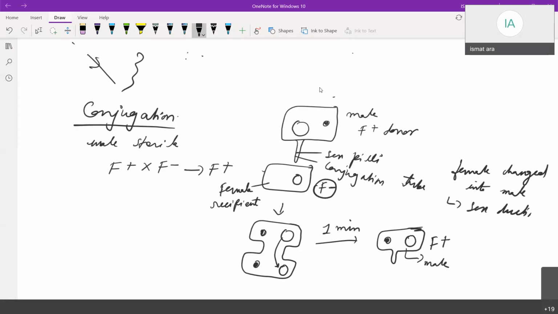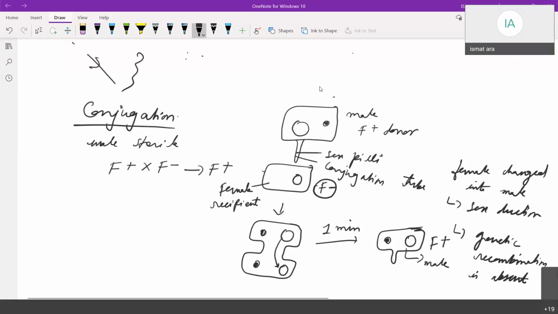Here sex reduction takes place, but genetic recombination is absent. Okay. Does any genetic recombination take place between the nucleoid and the plasmid? No. But sex change takes place. This is one type of conjugation, students.